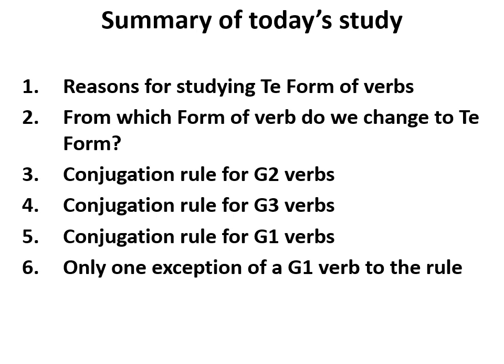And we've gone through the conjugation rules for group 2, group 3, and group 1. And lastly, we looked at the only exception of the group 1 verbs, which is ikimasu. Instead of iite, ikimasu becomes itte, with the small tsu and te. Okay, so that's what you have revised or studied today. Okay, well done. See you next time.